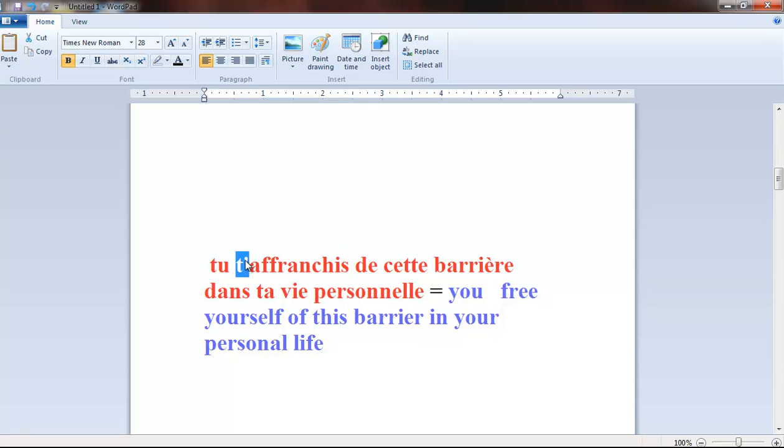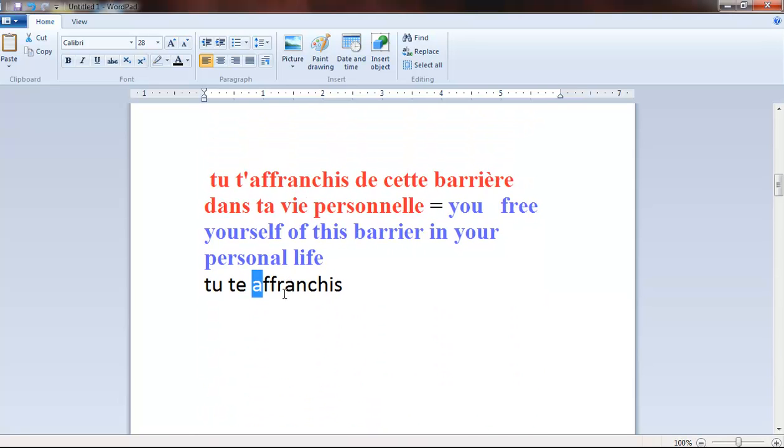And you put here the apostrophe because usually it should be tu te affranchis. Tu te affranchis, you liberate yourself, but because you have a vowel already here, you just eliminate the 2 vowels and you connect the reflexive pronoun with the verb by only an apostrophe, by eliminating the vowel from the reflexive pronoun.